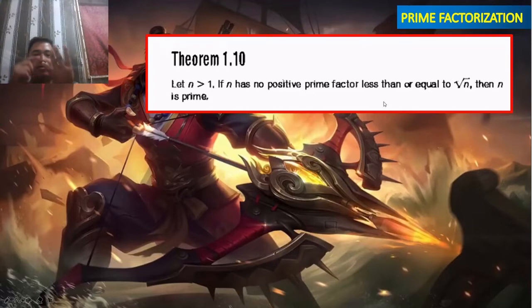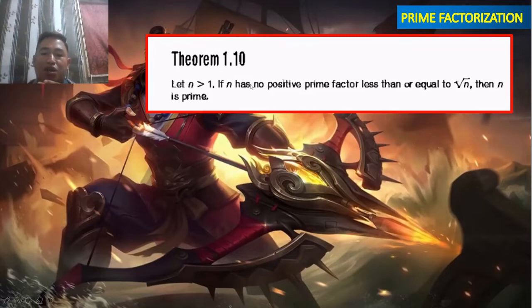Diba? Okay. So, si 50 kay mo divide man ito. So, naa siya prime factor nga 2.